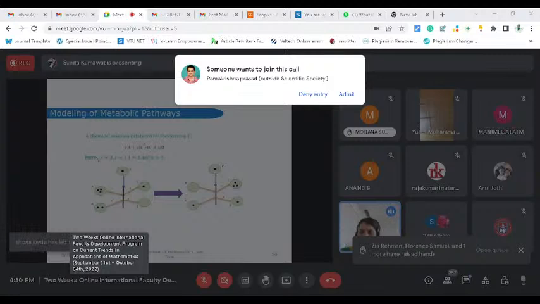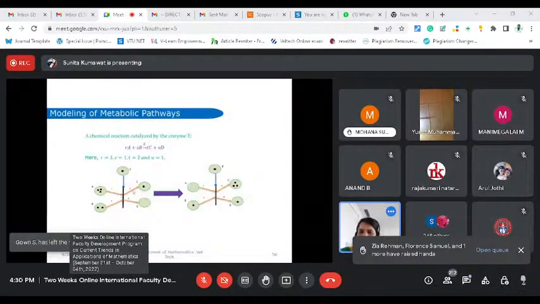So after processing, after firing, say this is any chemical reaction, the stoichiometric coefficients are for the compounds A, B, C, D. E is the reaction, and A, B, C, D are the compounds. So compounds are taken as circles, the reaction is denoted as a bar, and the stoichiometric coefficients are taken as arc weights.